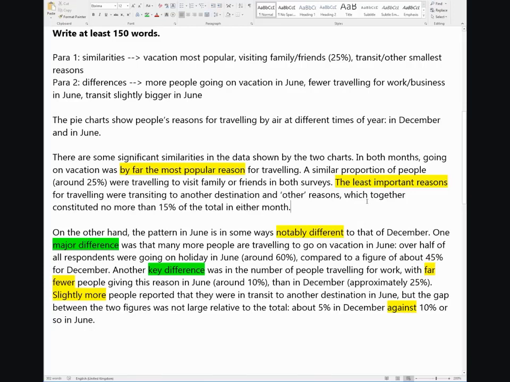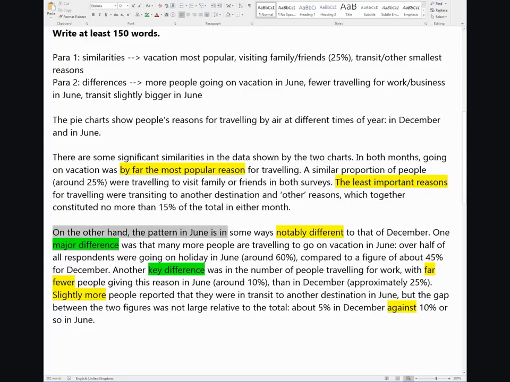For coherence and cohesion, I've organized my writing into two very clear paragraphs. I've got an overview at the beginning, and each paragraph has a topic sentence which clearly shows what the paragraph is going to be about, and then everything else in the paragraph is simply adding detail to that topic sentence.